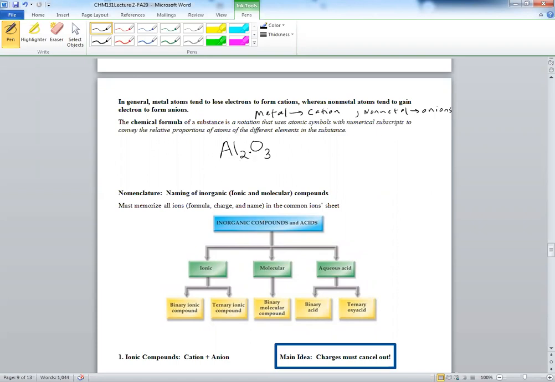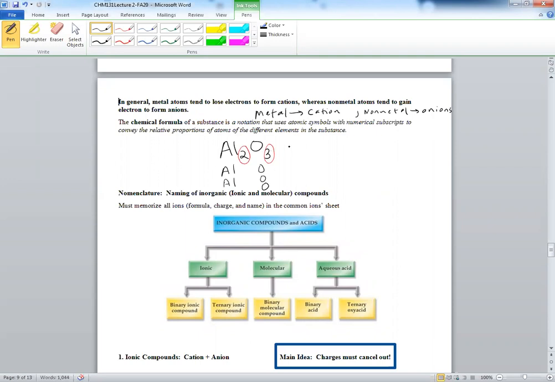What this notation, these subscripts, simply mean is you have 2 aluminum atoms and 3 oxygen atoms.